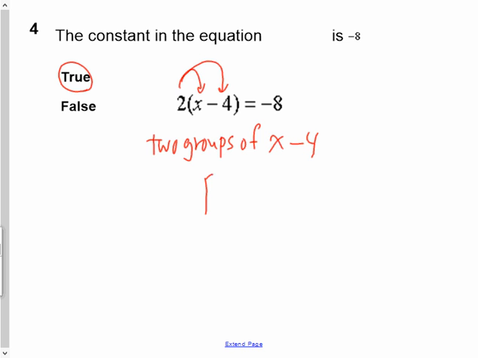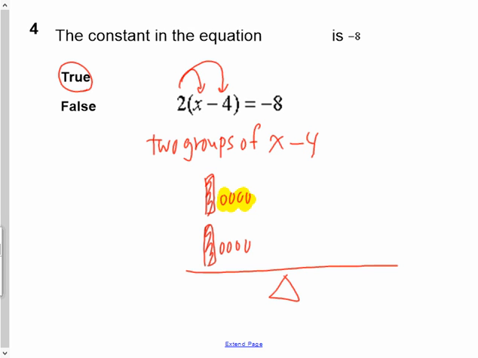So if I was to draw, using modeling, one group of x minus 4 and another group of x minus 4, from a modeling perspective, this is what 2 groups of x minus 4 looks like. And when I draw it, I can clearly see that the amount of integer chips, or my constant, on the side of my variable is -8, and therefore it's true.